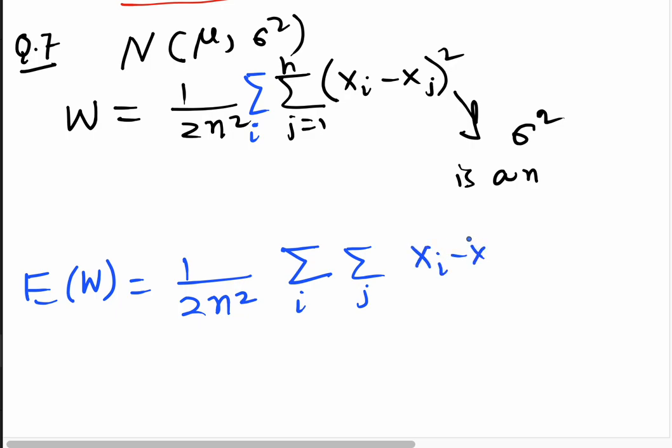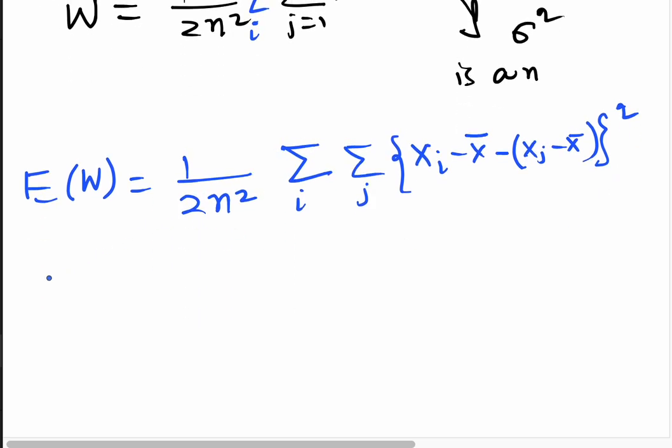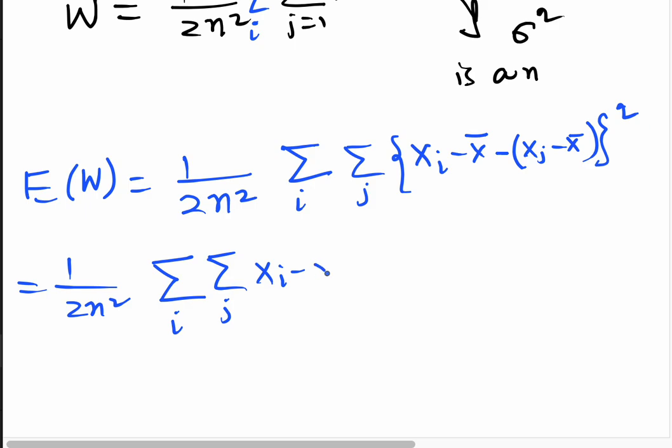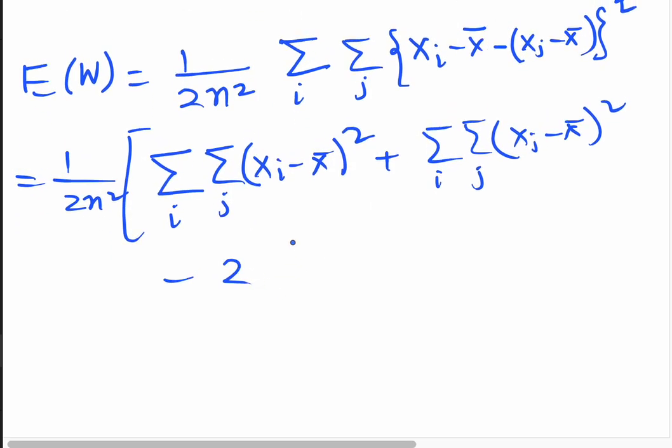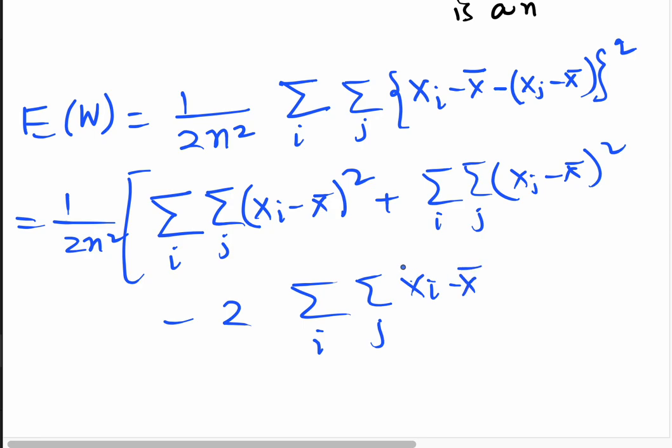Let me write it in this way: xi minus x bar minus xj minus x bar, squared. We will get 1 by 2n square, summation of i, summation of j, xi minus x bar its square, plus summation of i, summation of j, xj minus x bar square, minus 2 summation of i, summation of j, xi minus x bar into xj minus x bar.